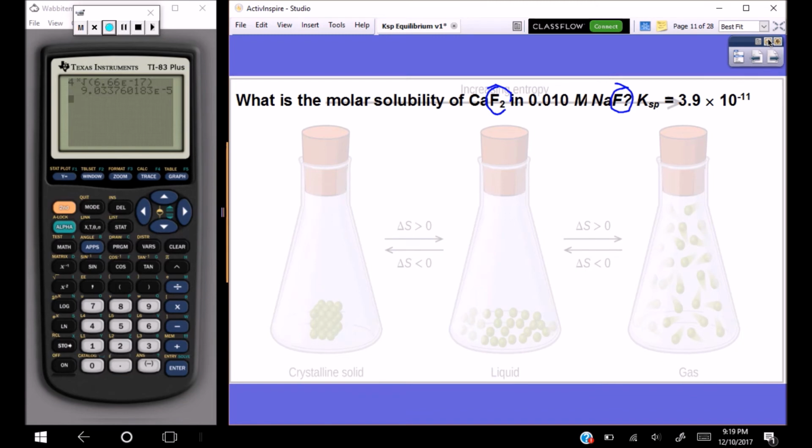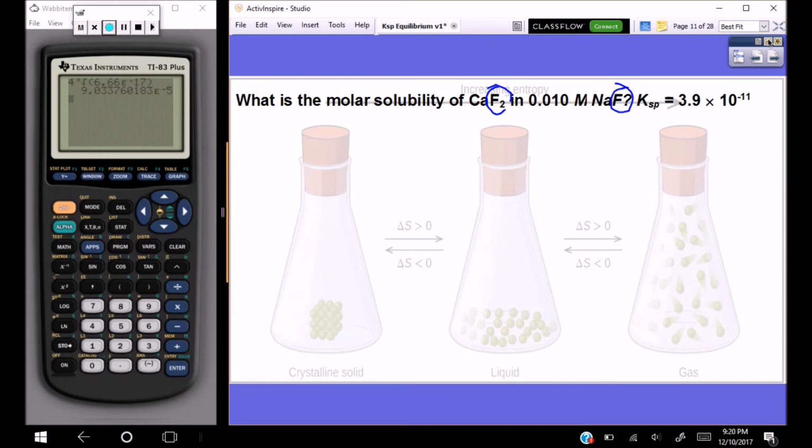So the presence of a common ion will cause the equilibrium to shift so that even less of the substance with the smaller KSP value will dissolve. So if we think about it this way, we've already got a lot of stuff in our solution. What happens when you put too much stuff in your solution? Well, not enough of it will dissolve. It will stay as a precipitate, right? We get saturated, or to a certain point, even supersaturated.